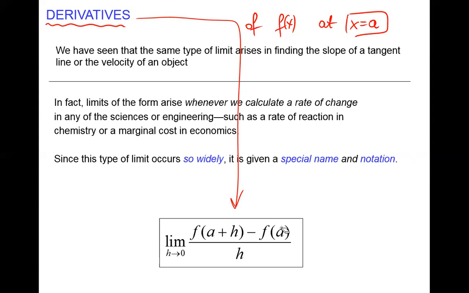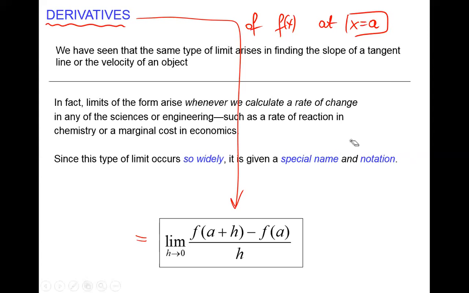But this limit as h goes to 0, we know what h is, the distance between 2 points, almost 0, of f of a plus h minus f of a over h. That's the difference quotient, and the limit as h goes to 0 is the derivative of the function f at a, at that moment.